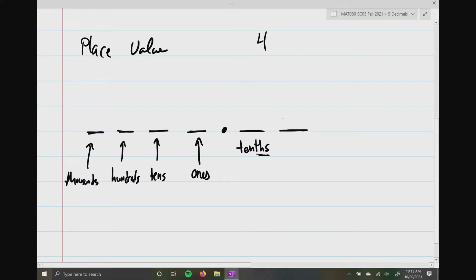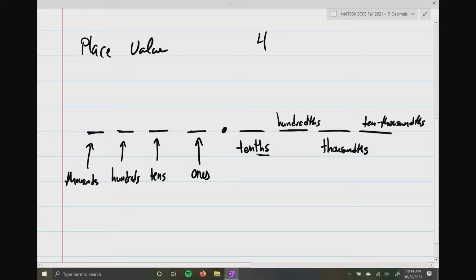Hundredths. Very good. I'll write it above. Oh, forgot my D. And then the next one would be thousandths. And the next one would be 10,000ths. And so forth. It follows the same exact naming convention.